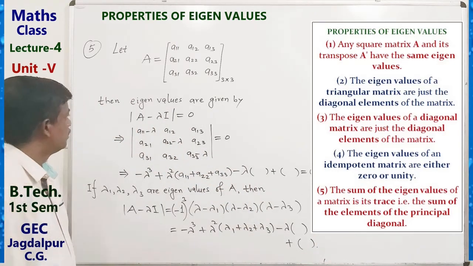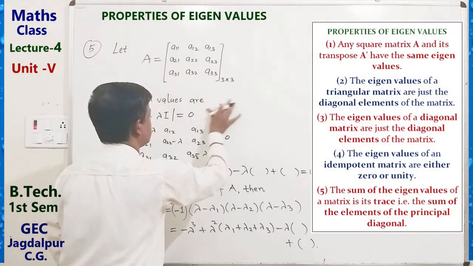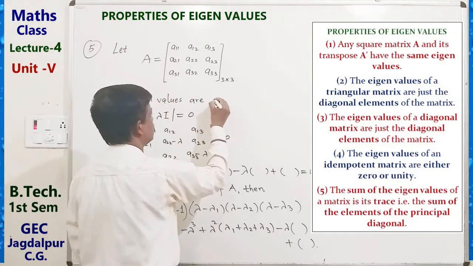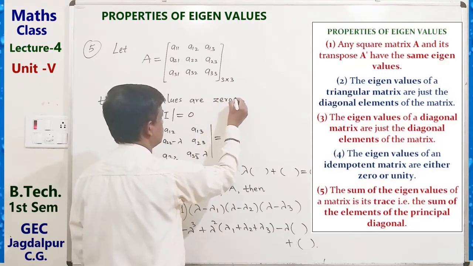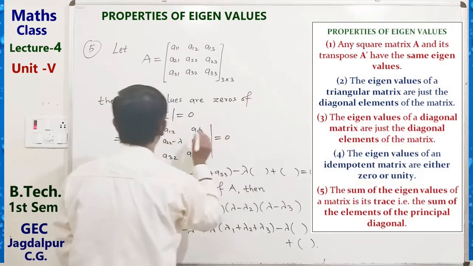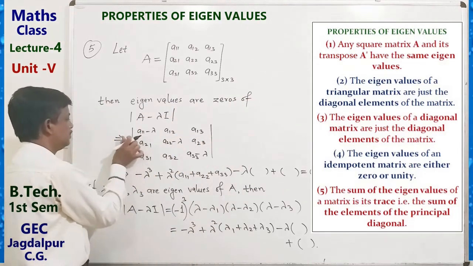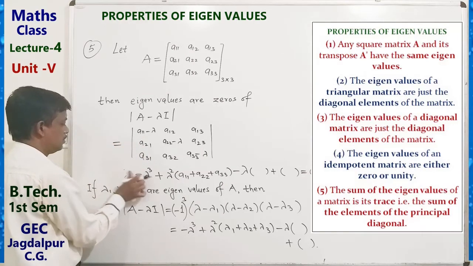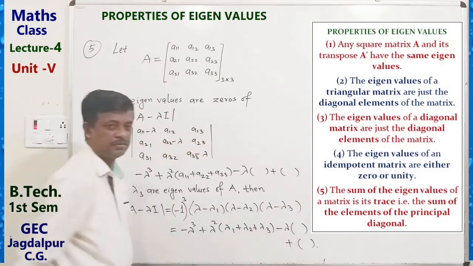Then the eigenvalues are zeros of this polynomial.